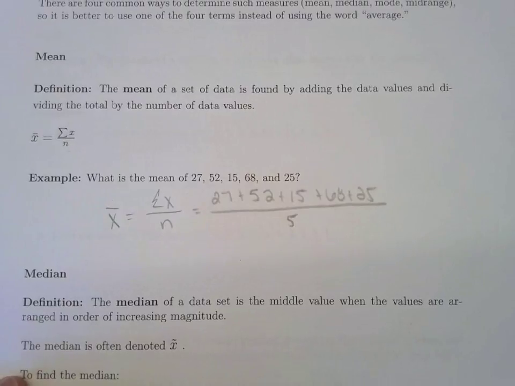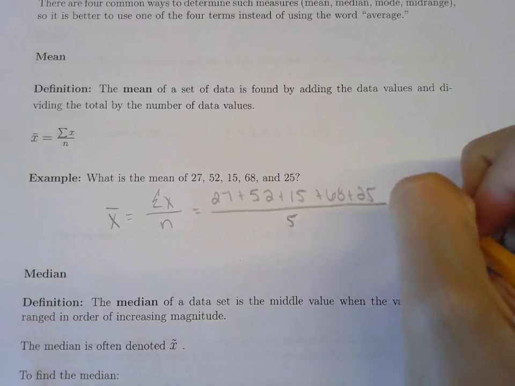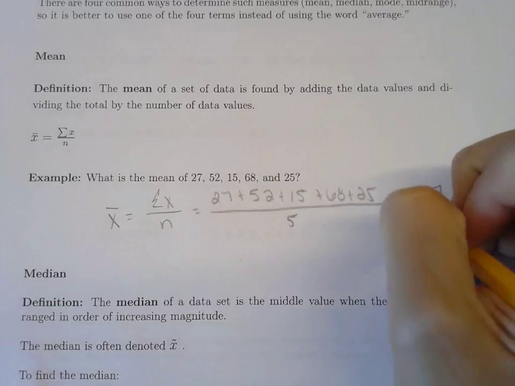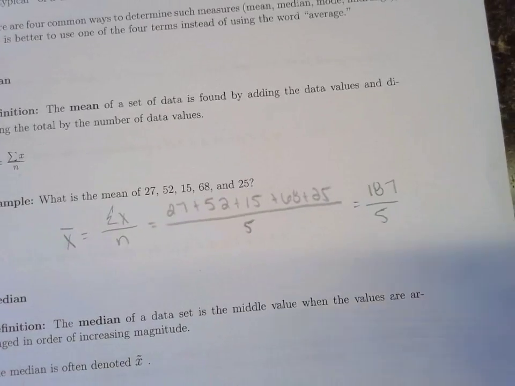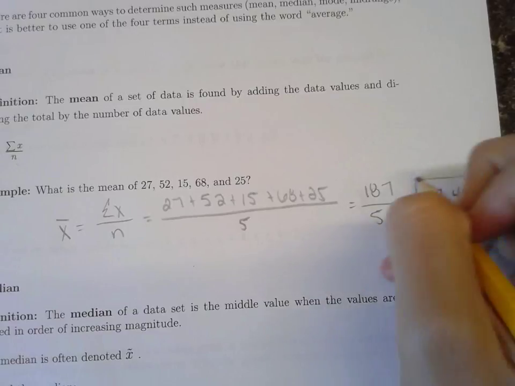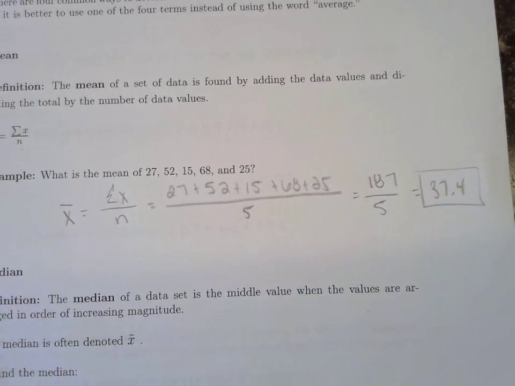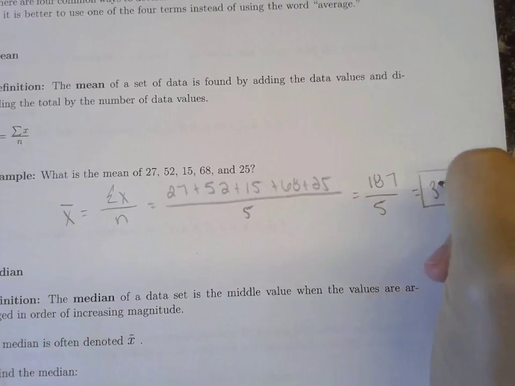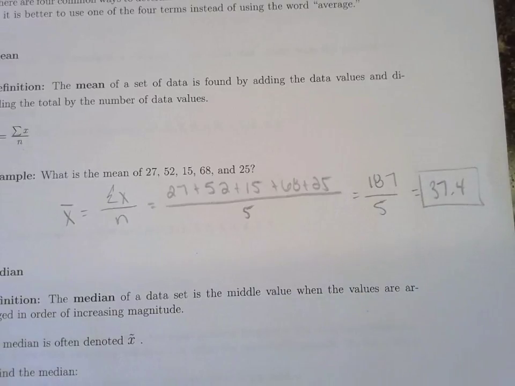I'm going to use a calculator to add those up. Okay, I got 187 divided by 5, which is 37.4. So the center of this data is about 37.4, which is the mean.